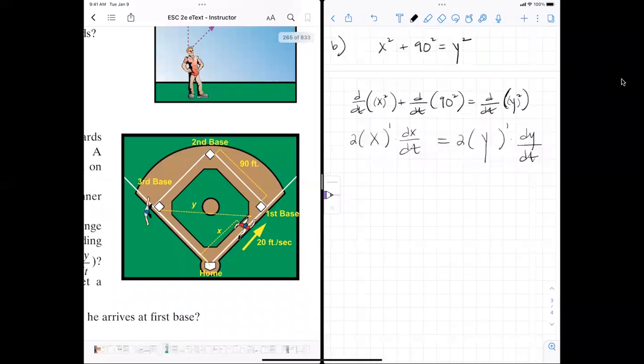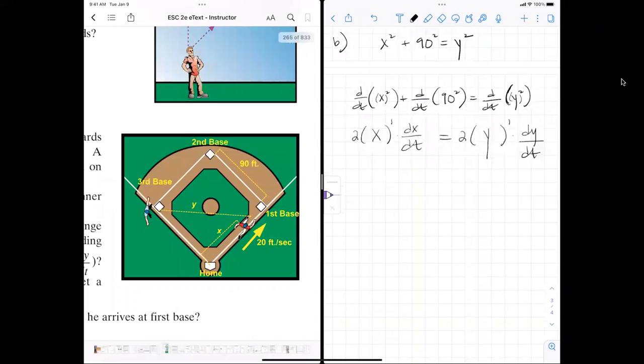But we're going to interpret that 20 feet per second as the rate at which x is changing. So dx over dt equals positive 20 feet per second. I'm using the positive 20 because as time is passing, x would be getting larger.